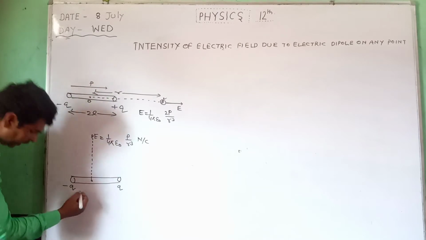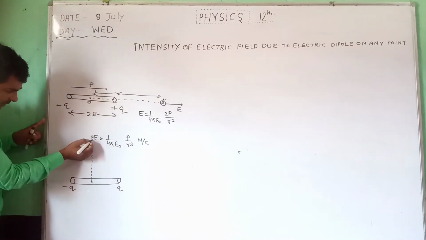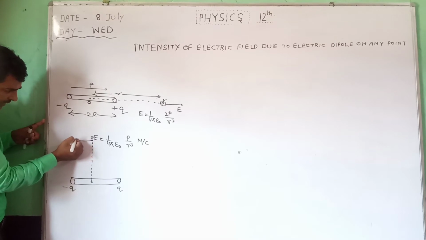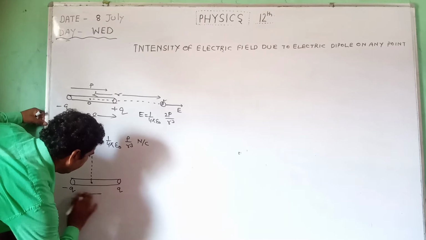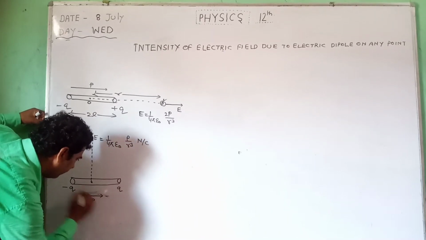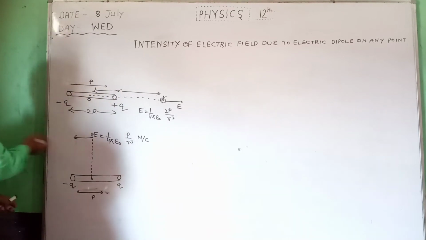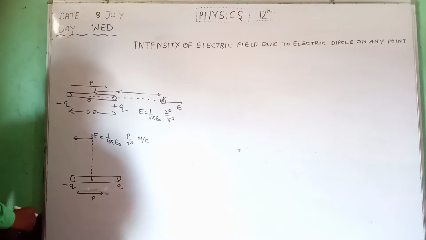And what is the direction of the net intensity of electric field? This is the direction of net intensity of electric field, and it is in the opposite direction of the dipole moment of this electric dipole.